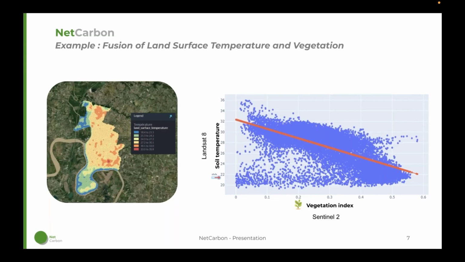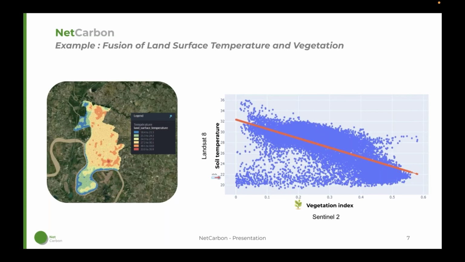That was pretty interesting for us, in order to be able to study the vegetation and afterwards the temperature, to do some simulation, for example, etc.